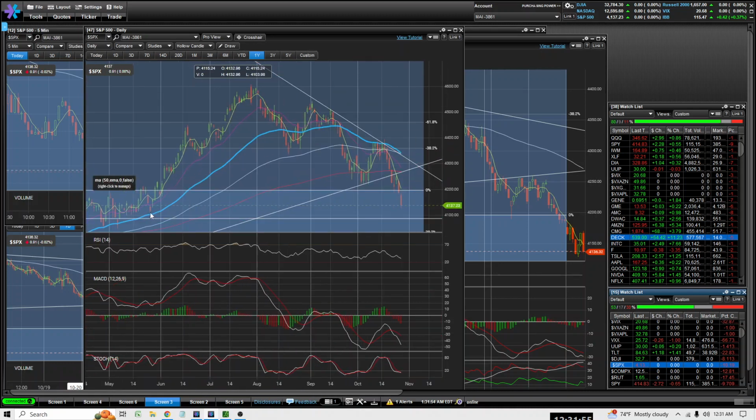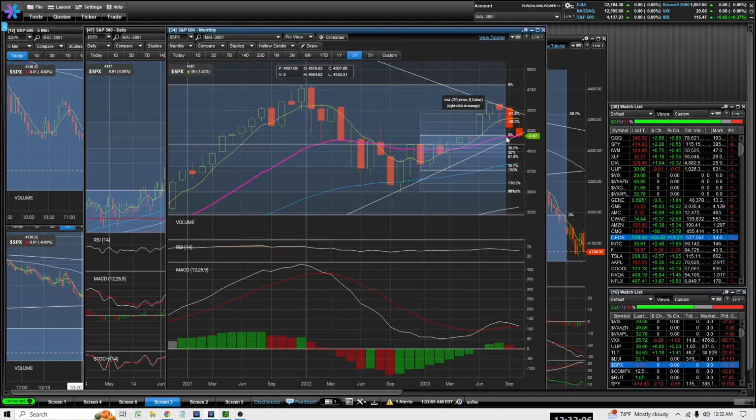Yeah, right here, 4,100. So that's what I'm expecting, a close around 4,100 for the close tomorrow, which would put it right here, which is a decent support level on the monthly.